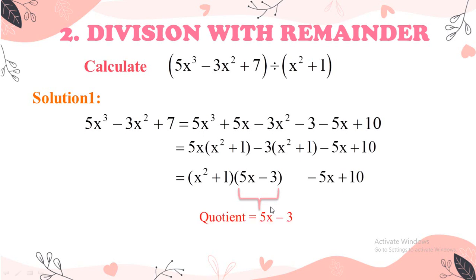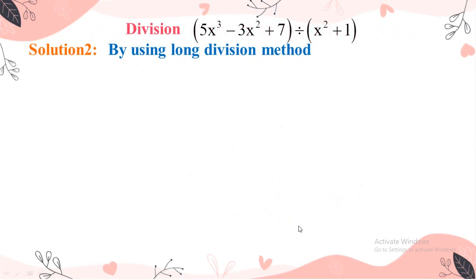I see quotient equals 5x minus 3 and remainder equals negative 5x plus 10, and the solution is true by using the long division method.